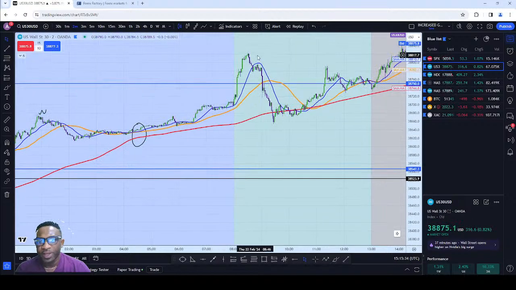So over here we have a wide state. Price was in the narrow state, then from the narrow state it made all this beautiful move all the way up here, creating a wide state.